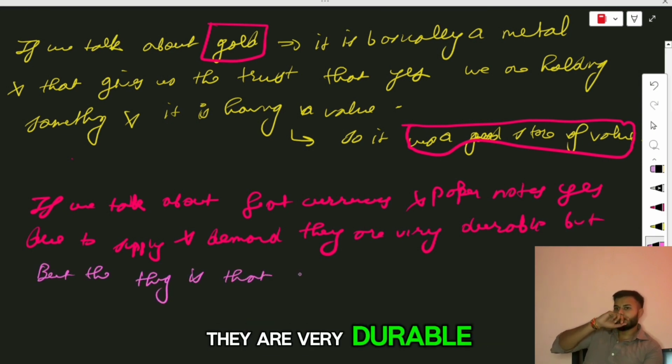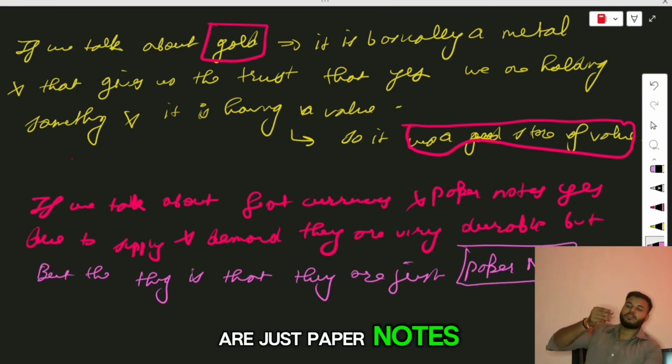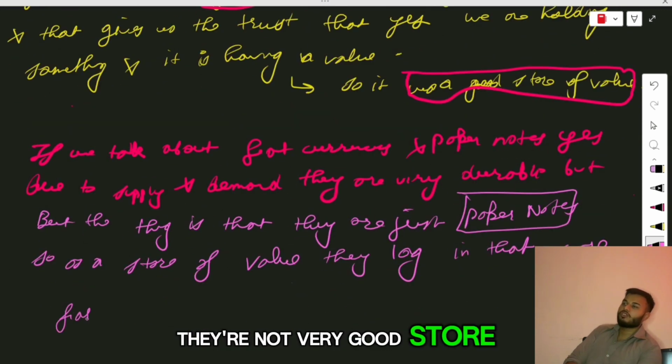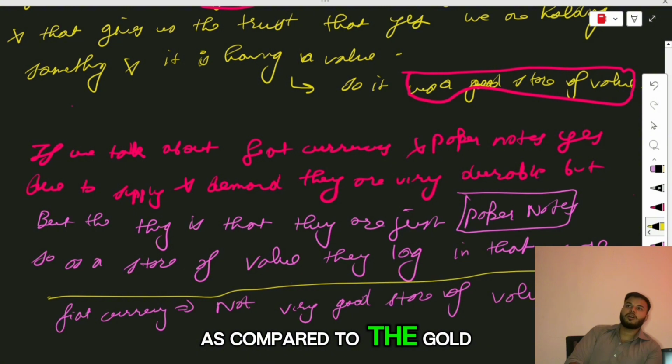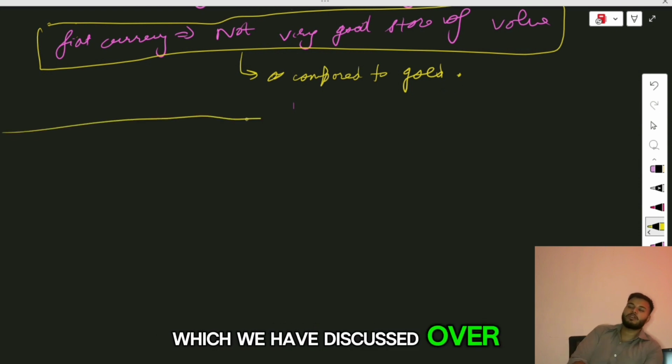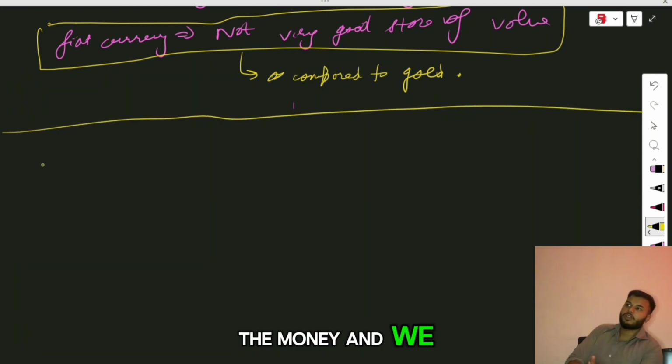But they are just paper notes. So as a store of value, they lag. They are not a very good store of value compared to gold. Yet these are the basic things we have discussed about the properties of money, in the context of fiat currency.